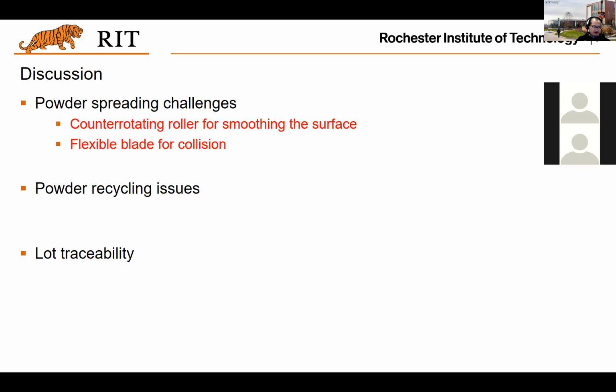Of course, in that case, this cannot be handled. There probably will be some detection and the machine will be stopped. But if the collision is just a small, tiny one, because of the printing accuracy of the parts, a flexible blade will help, and that will continue the spreading of the powder and will not interrupt the whole process.